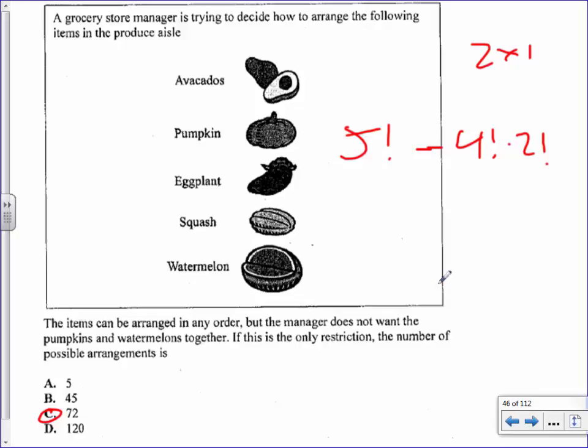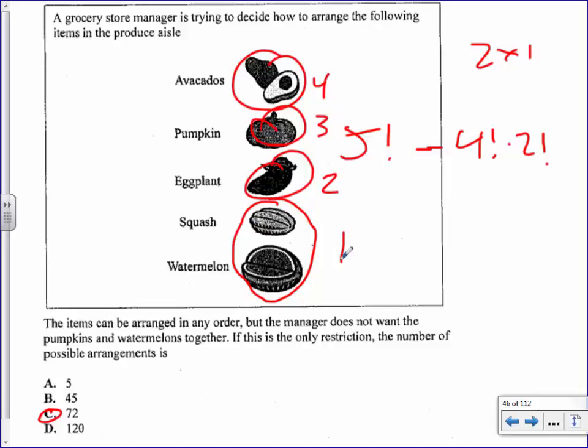Yes, so let's pretend that these are together. So then there's really only 1, 2, 3, 4 objects. So there's 4 times 3 times 2 times 1. But within this group, there's an extra 2 times 1, because you could flip around the watermelon and the squash if you wanted to. So that's why it's a 4 factorial times a 2 factorial. Or you could just do times 2, because 2 factorial is 2.